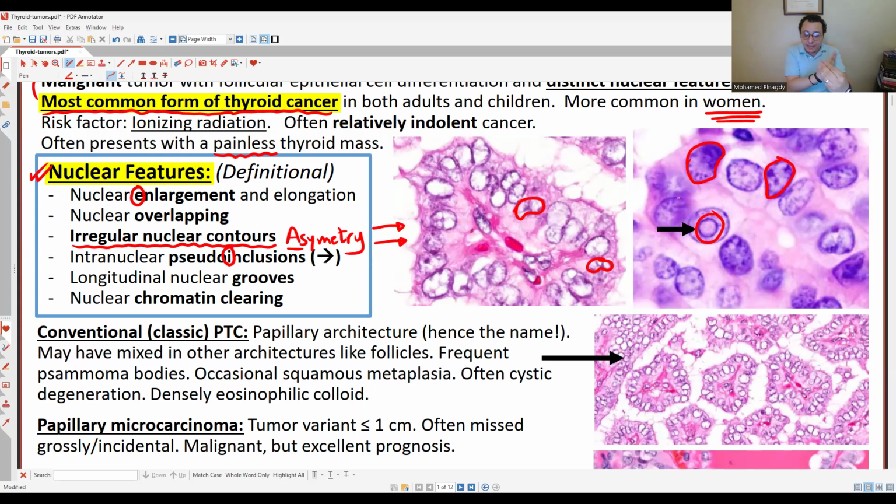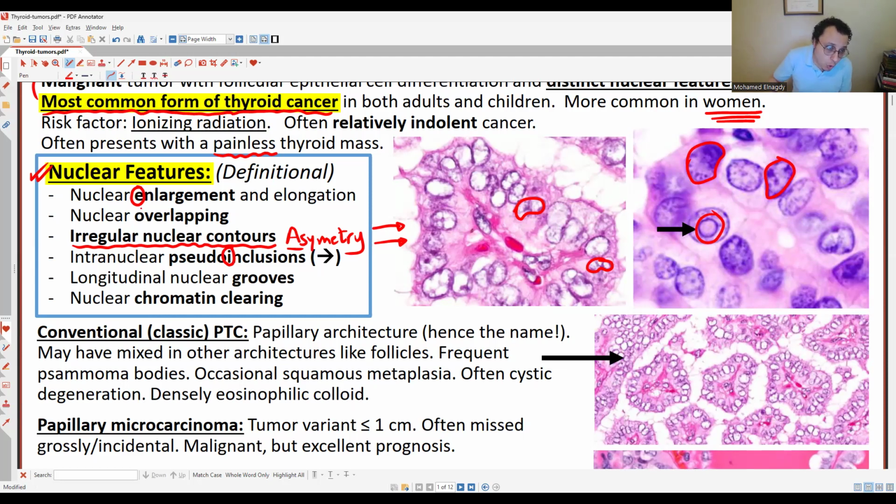So when you take a section, this projection appears as a hollow or appears as a circle. It's not a true inclusion, it's a pseudo inclusion. There is nothing inside the nucleus. It's just a projection which you took a cross section of, so it appeared as a circle inside the circle. So that's the pseudo inclusion. It's due to papillary cytoplasmic projections coming from the nuclei.